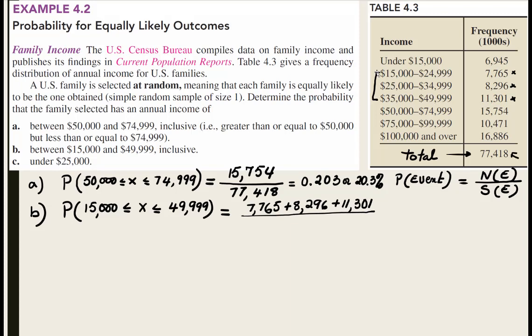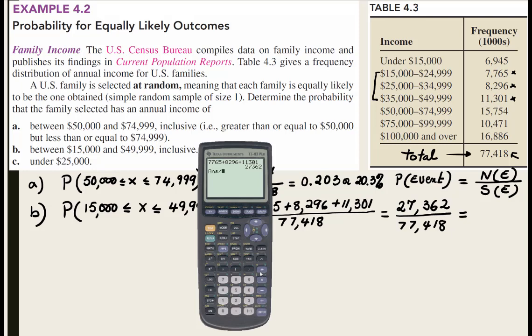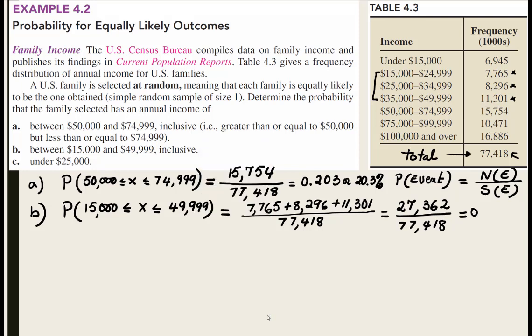We add those numbers together, and then we divide them by the total, which is 77,418. Now the sum is 27,362 divided by 77,418, and we get as a decimal 0.353, which is 35.3%.